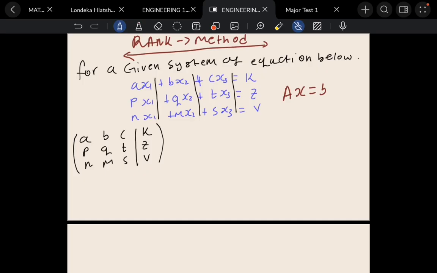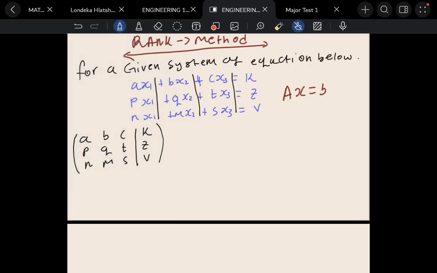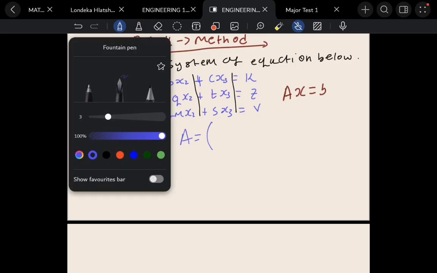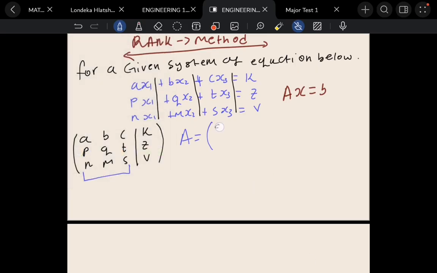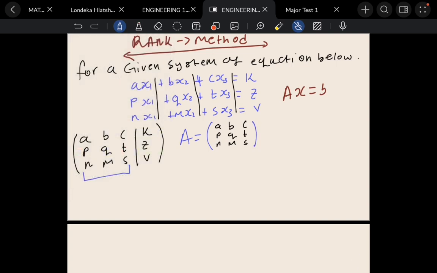For a given augmented matrix, you need to take out matrix A. Matrix A is this particular matrix. So matrix A is going to be a, p, n, b, q, m, c, t, s. And then we need to take out matrix AB.